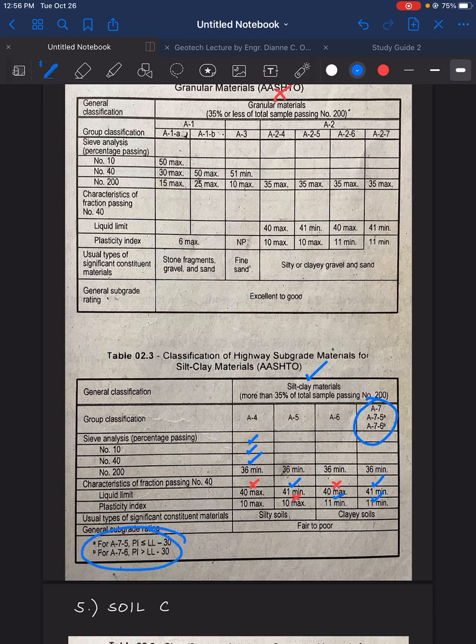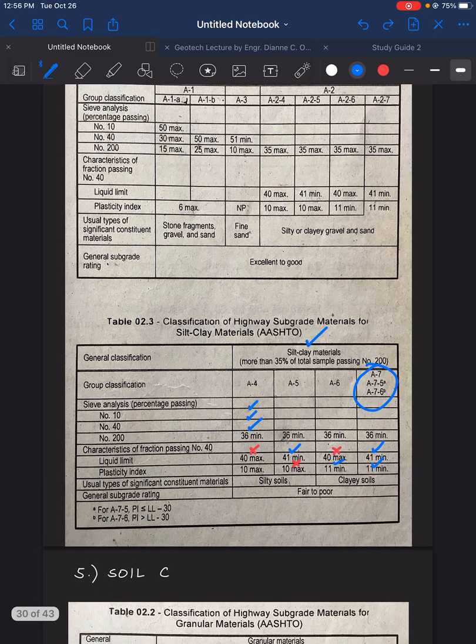And look at this portion here. If we fall under A-7, for the criteria for A-7-5, PI is less than or equal to LL minus 30. For A-7-6, PI is greater than LL minus 30.